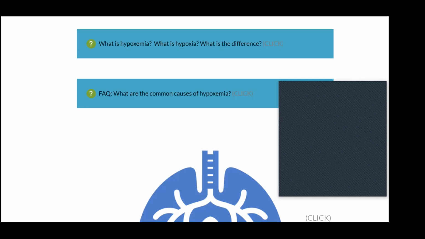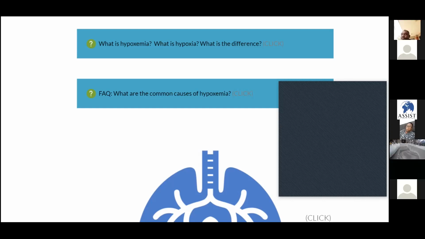An alternative and slightly more advanced way of measuring your oxygen tension in blood is by the use of arterial blood gas, where you need to draw a blood sample from an artery and then take it for analysis using what we call an arterial blood gas machine, or an ABG machine. That will analyze the amount of oxygen that is present in blood.